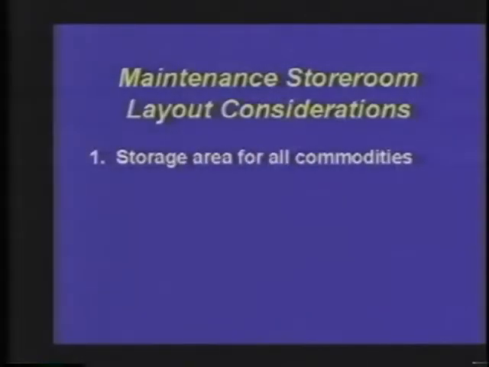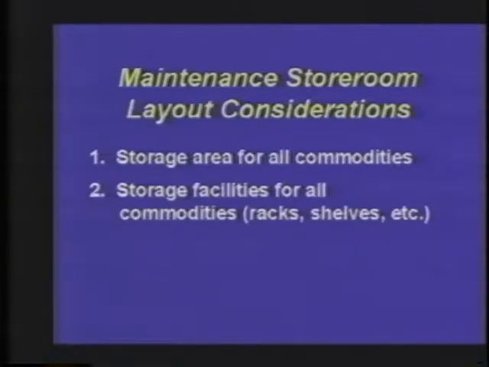Now, if you would turn to page 20, what we want to do is talk about the storage of those commodities within the storeroom. So here we're talking about the layout consideration relative to storing commodities. Item 1 would be the storage area for all commodities. That would probably take the bulk of the entire storeroom itself.